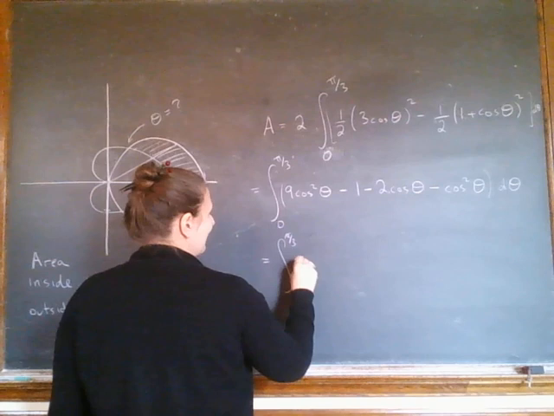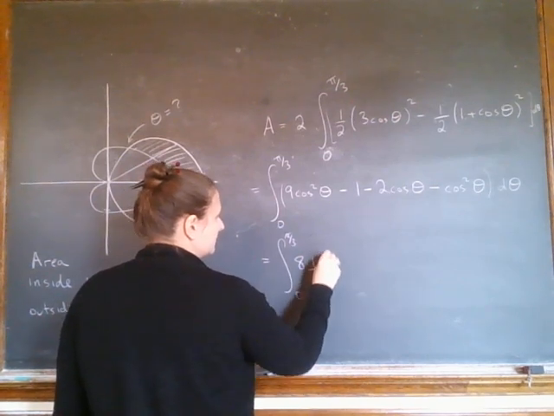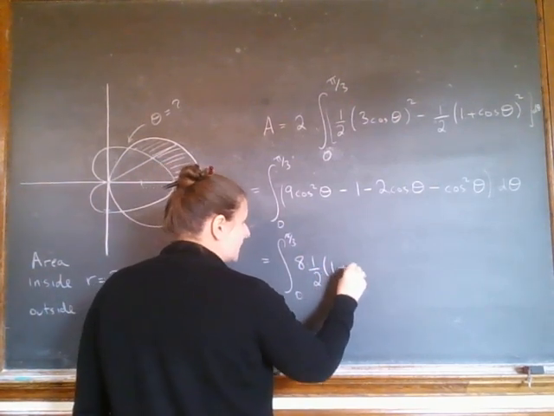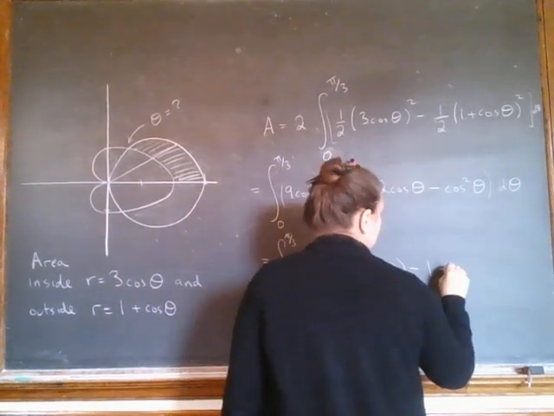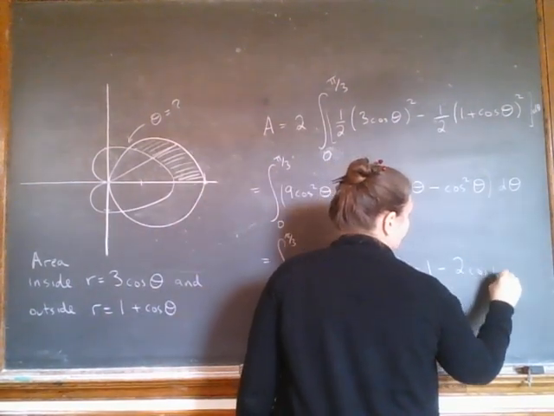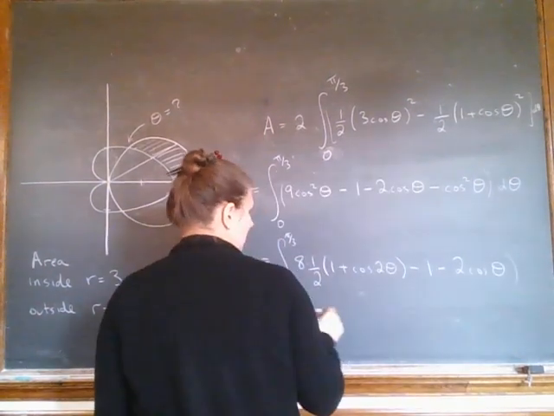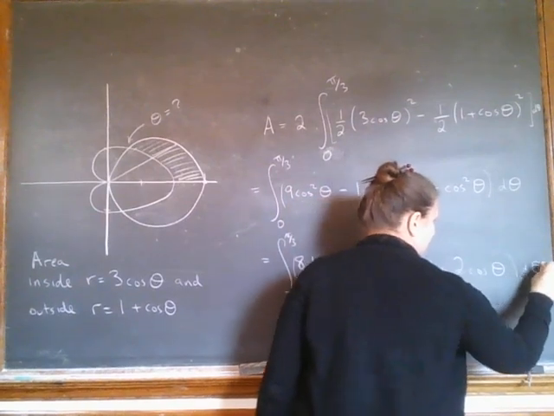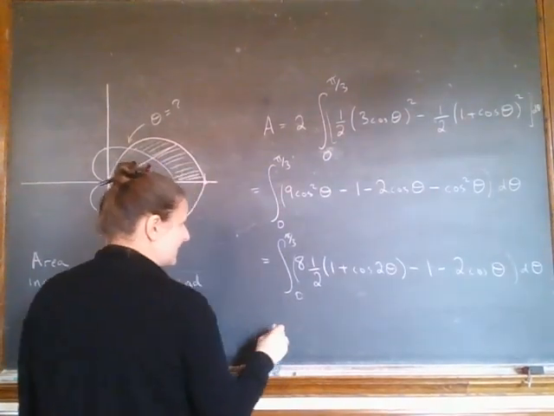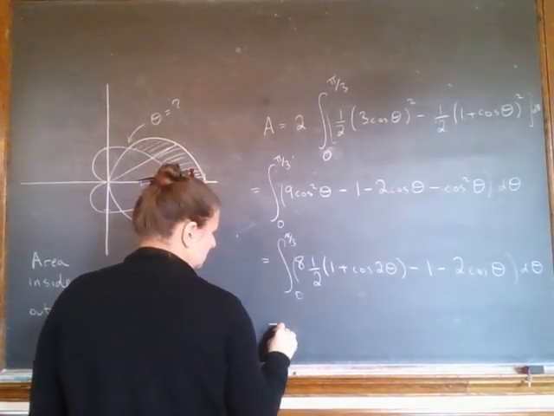So I'm going to do 8 times that half angle formula. It's going to be 1/2 times 1 plus cosine 2 theta. All right. So I'm going to integrate this.